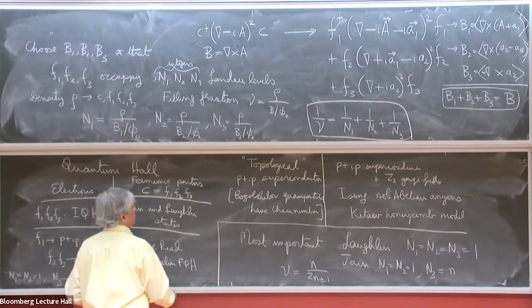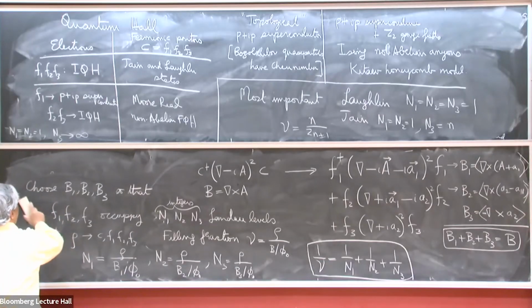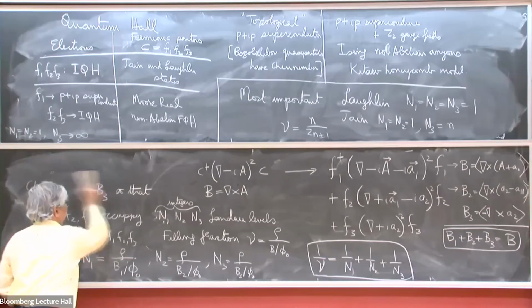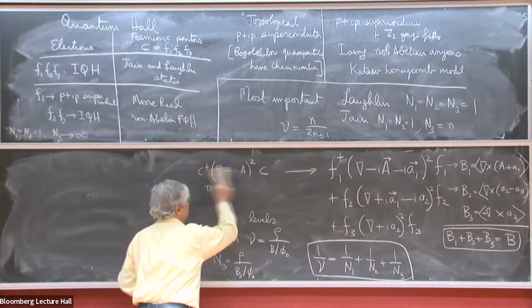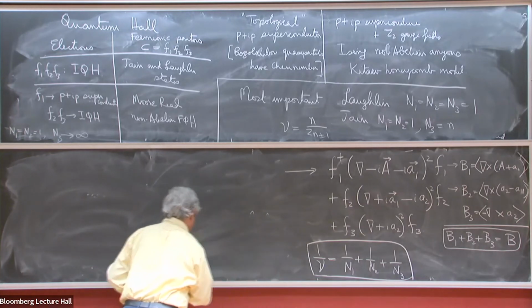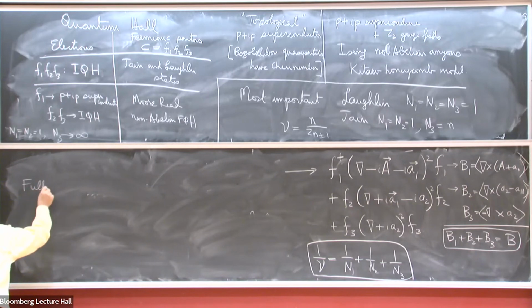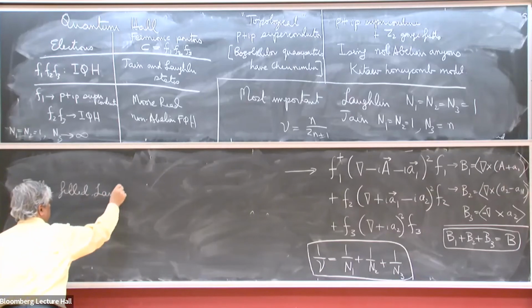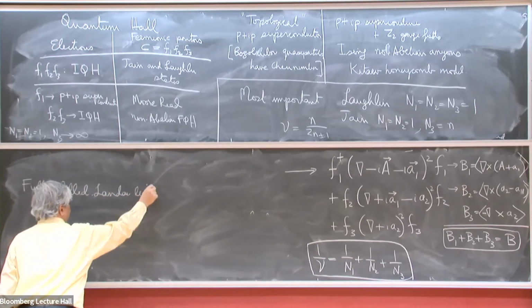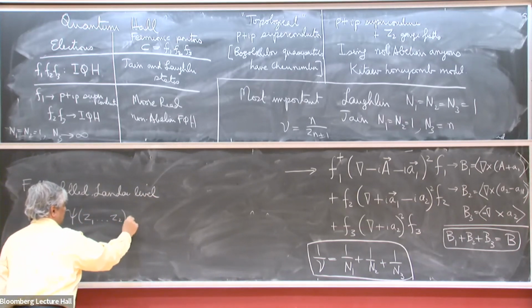There's a Fock argument. You can do this, but there's even a simpler way. So the first thing I want to tell you is that if I have a fully filled Landau level of electrons, then the wave function of a fully filled Landau level is the Vandermonde determinant.